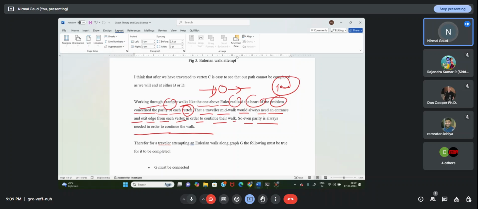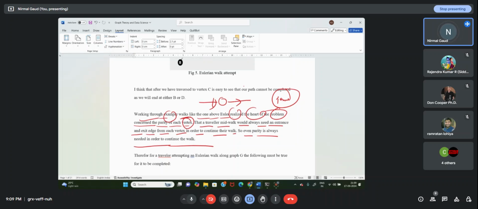I already told you above that we can have an incoming edge and an outgoing edge at any of the vertices. That's the parity: incoming and outgoing edge. So Euler told that the heart of the problem is that every node should have this facility. Then only can we solve such kinds of problems. So even parity.